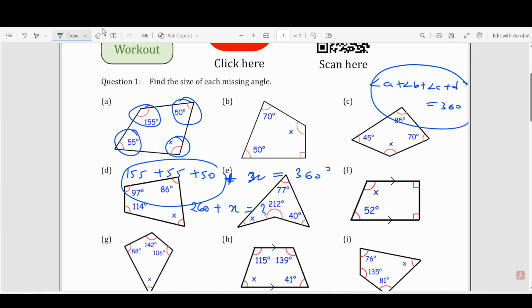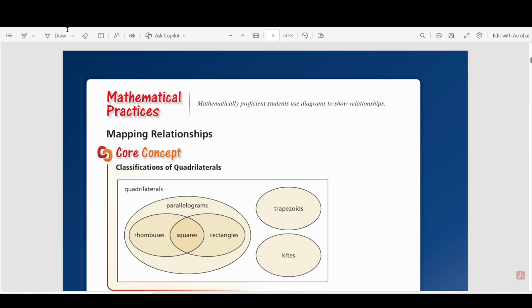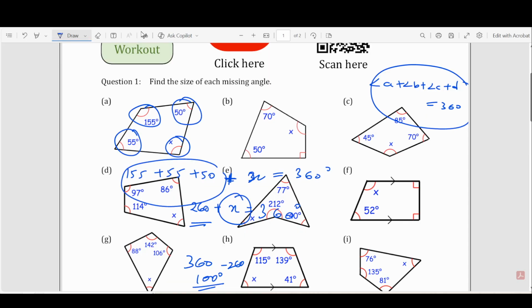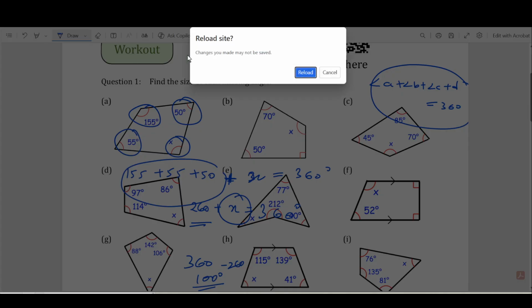So 260 plus x is equal to 360. To find x, we subtract 260 from 360, which gives us 100 degrees. That is the value of x. This property we use to find missing angles in a quadrilateral.